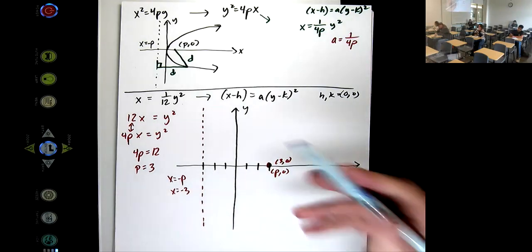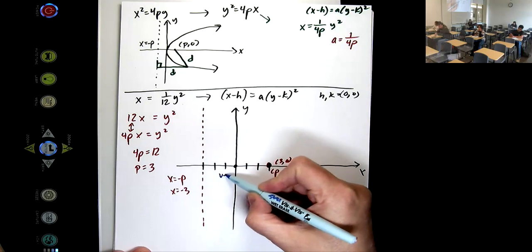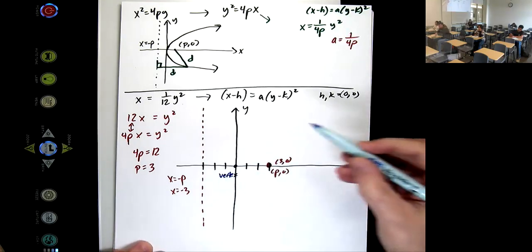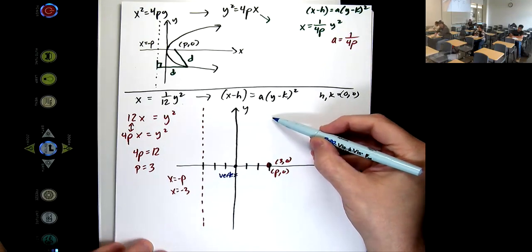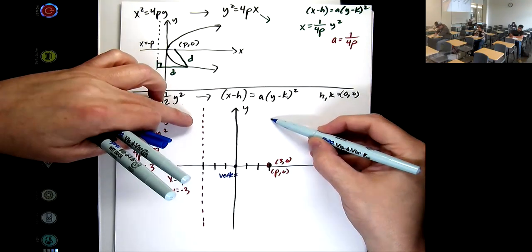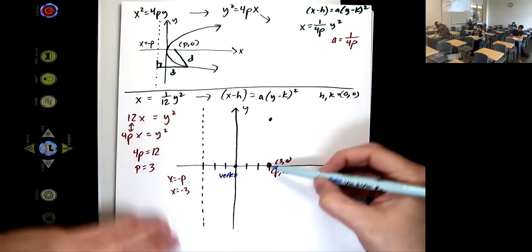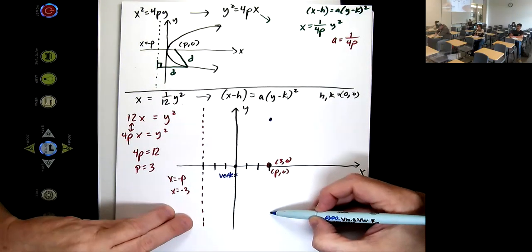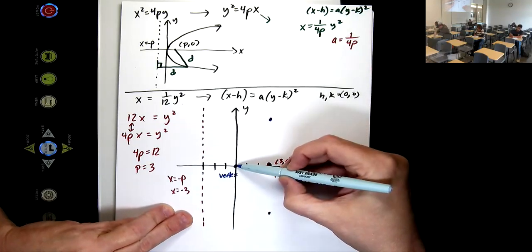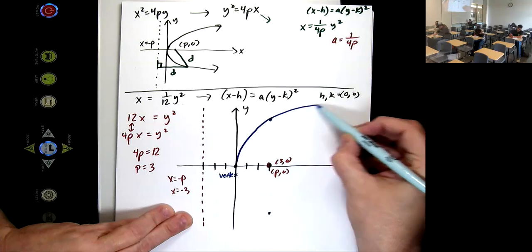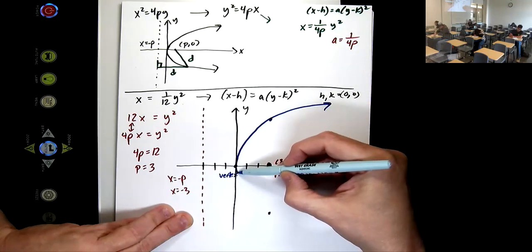My vertex there. I'm just eyeballing it, trying to make it the same distance from the focus as to the directrix. That looks about right. That's without calculating any points.